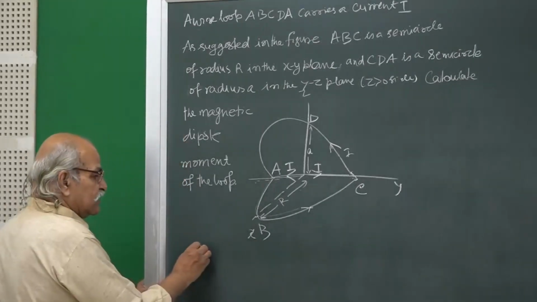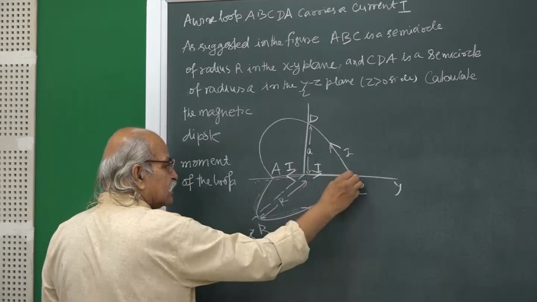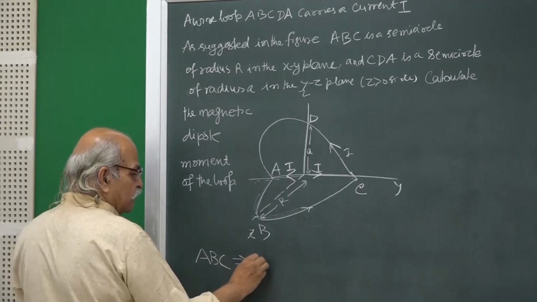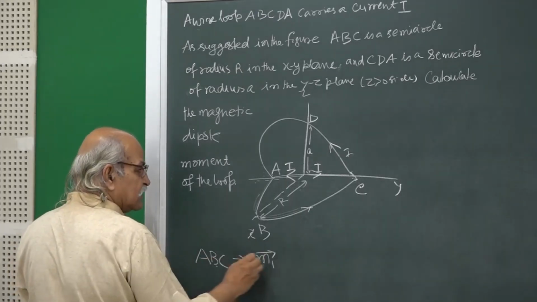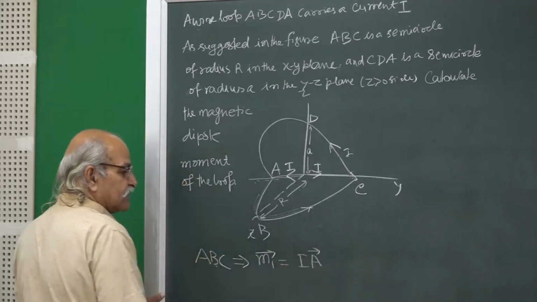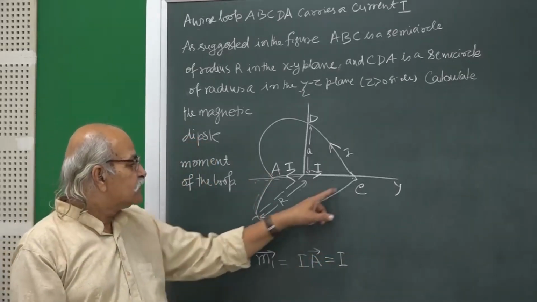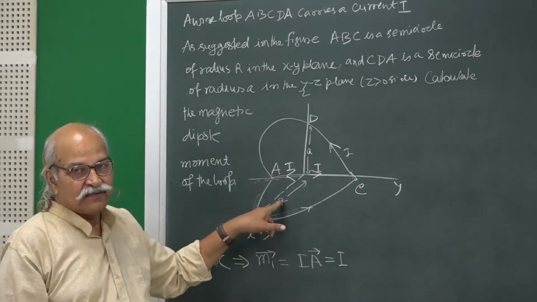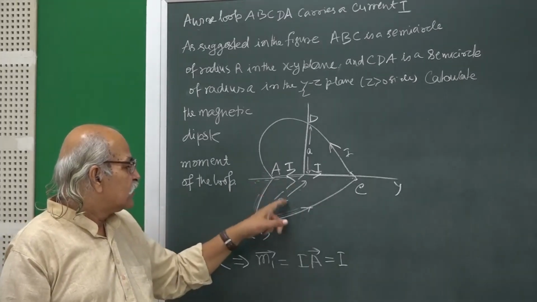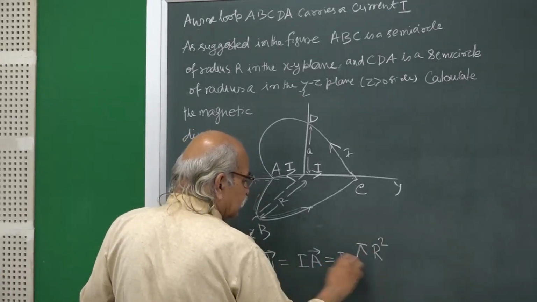If you look at the ABC part, this loop A, B, C with this current, the magnetic moment M1 for ABC will be I times the area vector. What is the area vector? The magnitude of the area of this semicircle will be pi R squared divided by 2, since pi R squared is the area of the full circle.